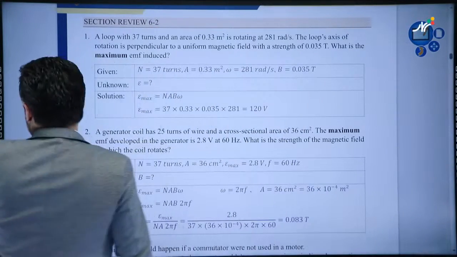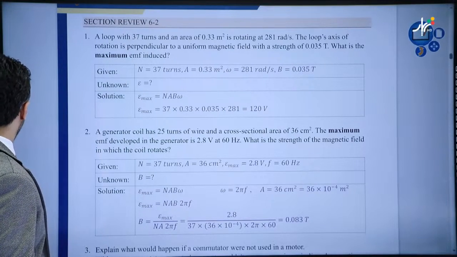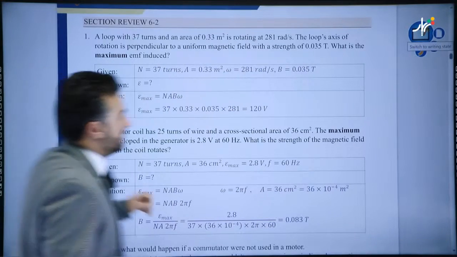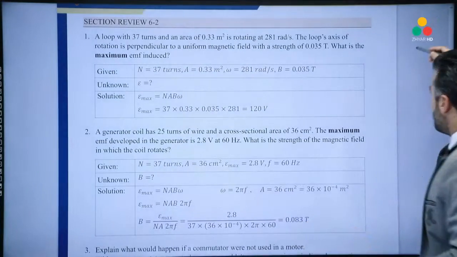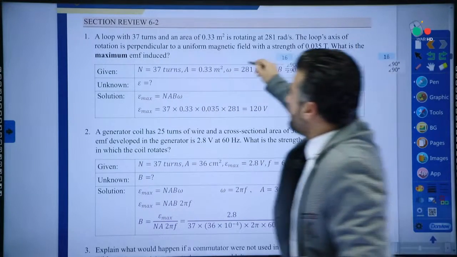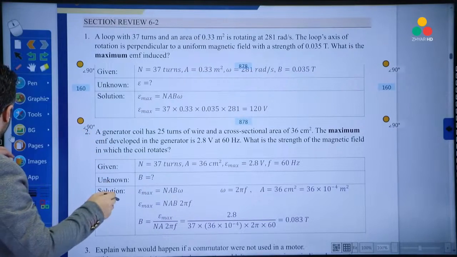We've learned that. We're basically trying to find the maximum induced electromotive force in here.